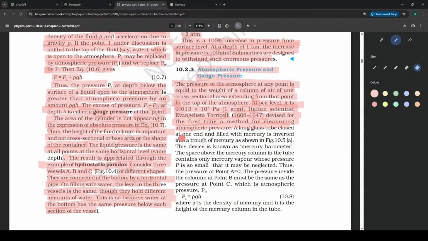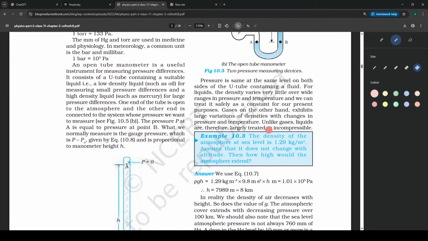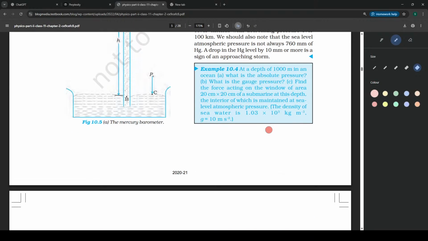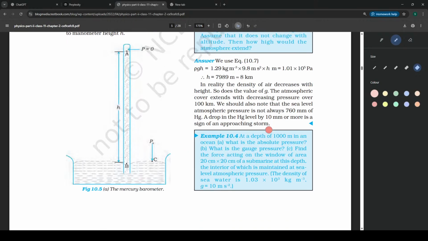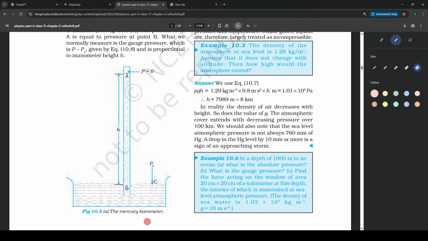A long glass tube closed at one end and filled with mercury is inverted into a trough of mercury as shown in figure 10.5a. Let's see the figure. This is called a mercury barometer.